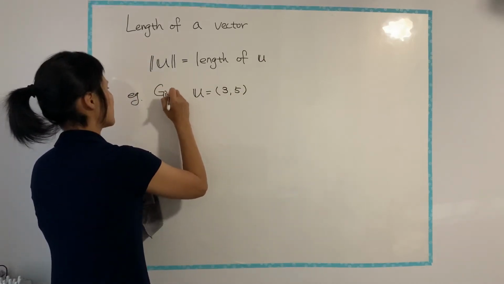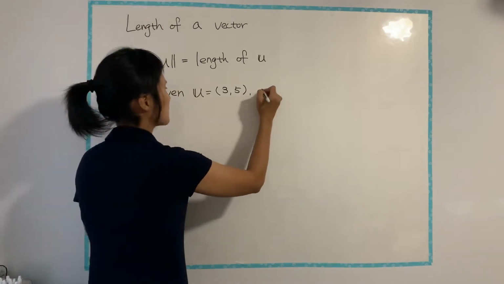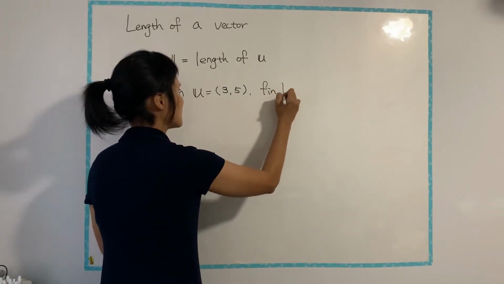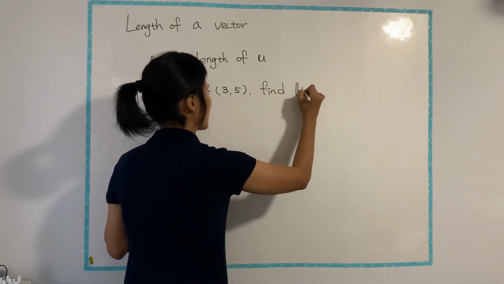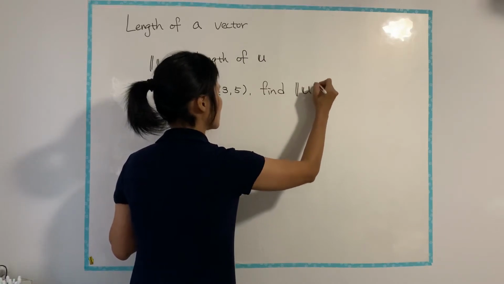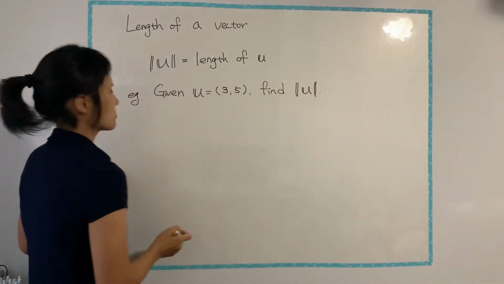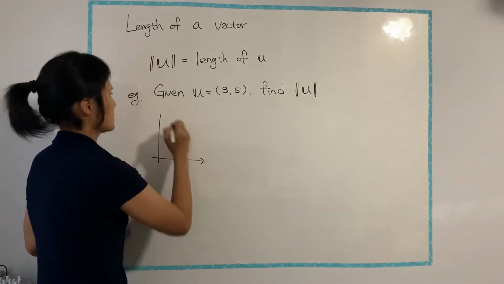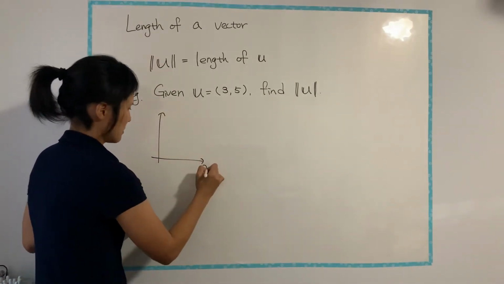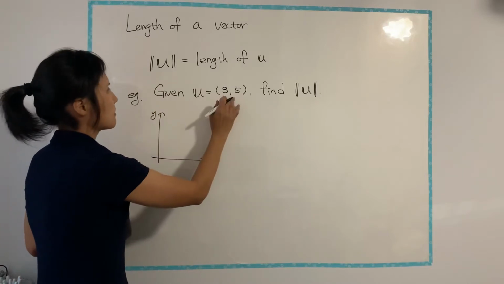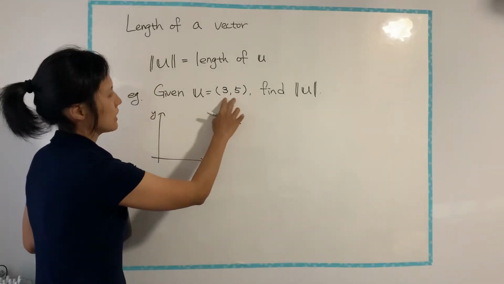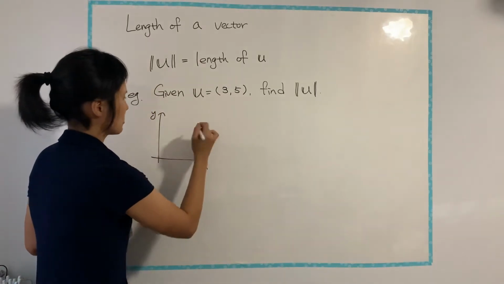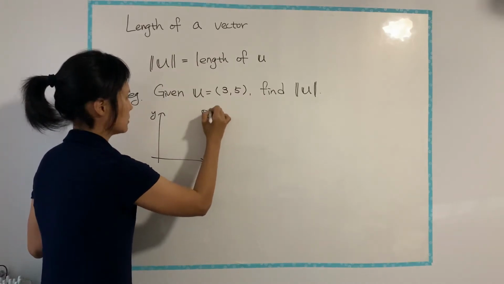Given vector u, I want you to find the length of u. Okay. So let's plot out the vector u. By seeing it only has 2 components in the notation, I know it's a vector in R2.